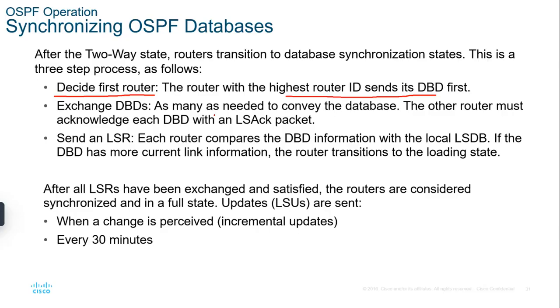Updates are sent when changes are perceived, as incremental updates, or every 30 minutes. So for the updates, when there is a change, that is when the updates are exchanged, or after every 30 minutes.